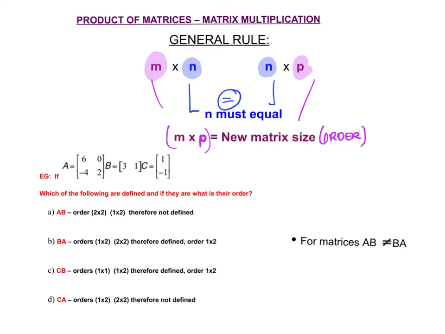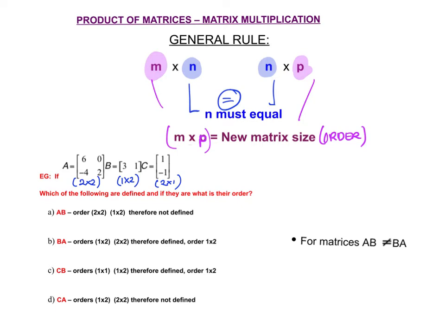All right, so let's have a look at these little examples. It says, which of the following are defined, and if they are, what is the order if we multiply them? Let's put the orders underneath. A is a 2 by 2, B is a 1 by 2, and C is a 2 by 1. So can A be multiplied with B?